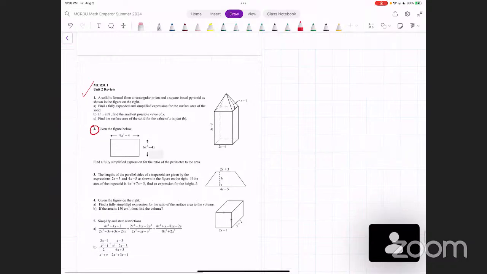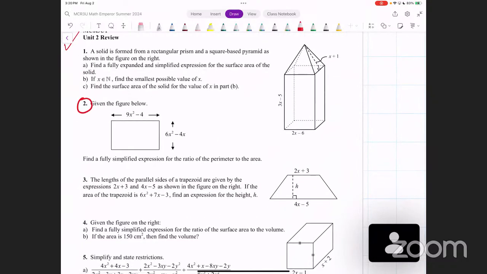I'm not sure where you got a C from. It's 4X, right? That's 4X, and then you're missing a 6X. Okay, keep going. There's a 6X squared. I'm not sure what happened in there either. Okay. So you're going to collect the like terms and simplify that expression.